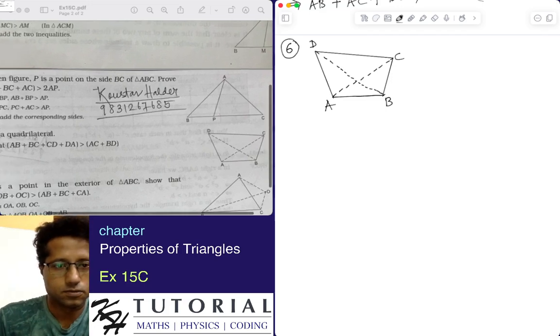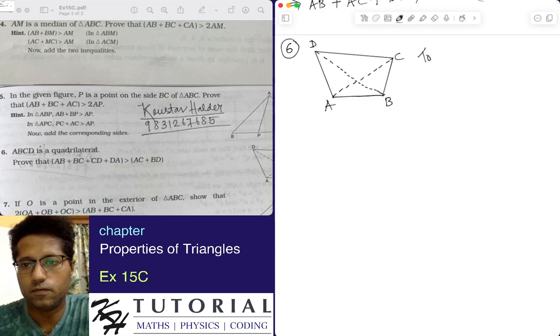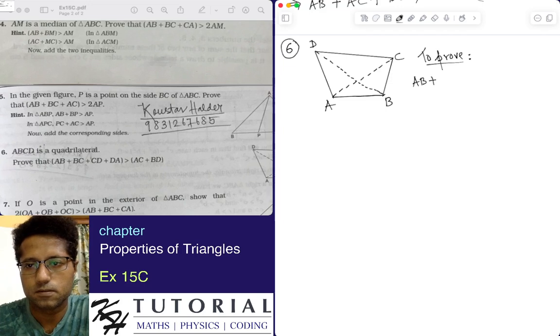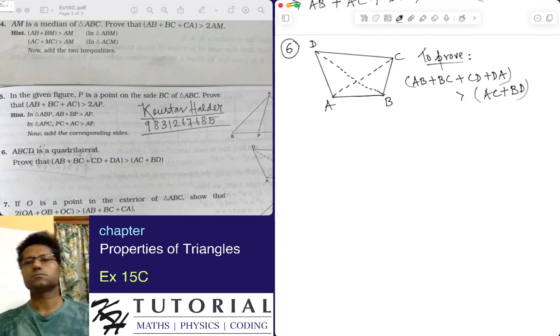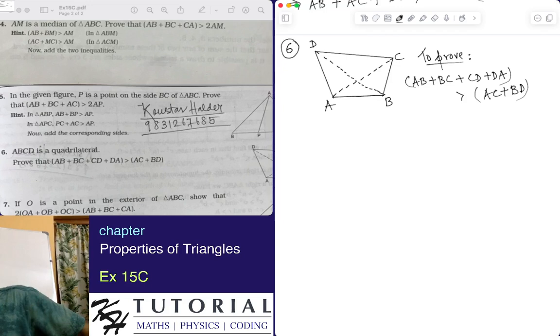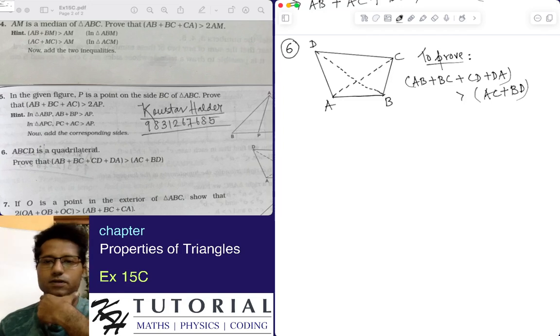We have to prove that AB plus BC plus CD plus DA is greater than AC plus BD, that is, the sum of the lengths of the sides is greater than the sum of the lengths of the two diagonals.